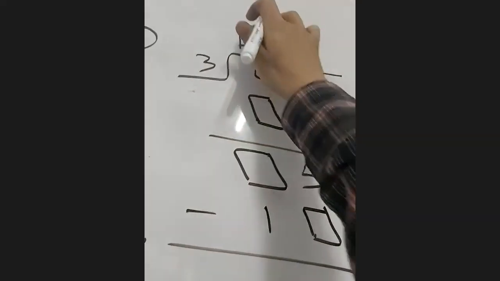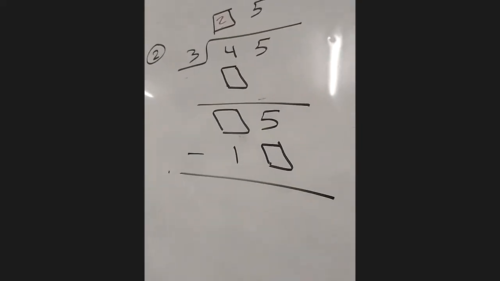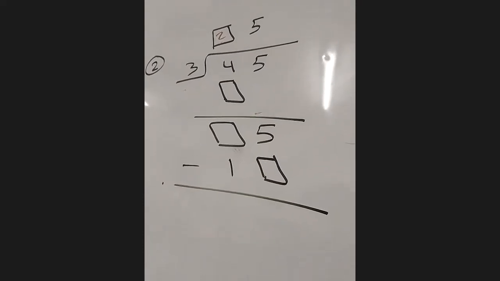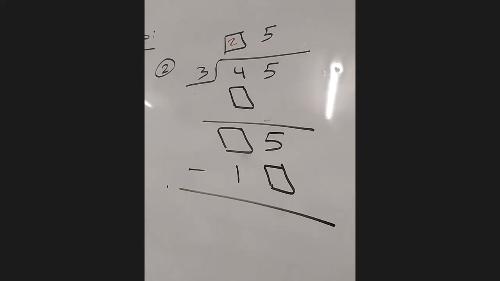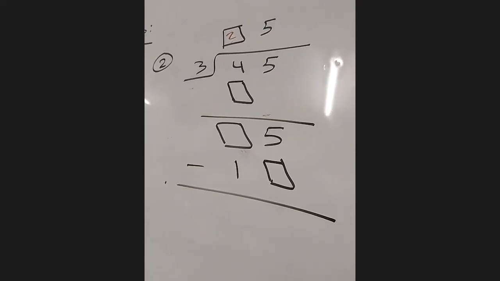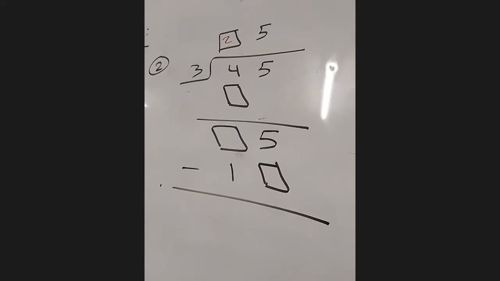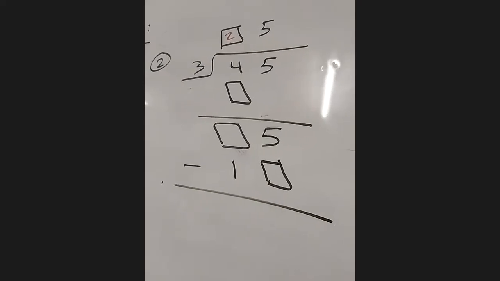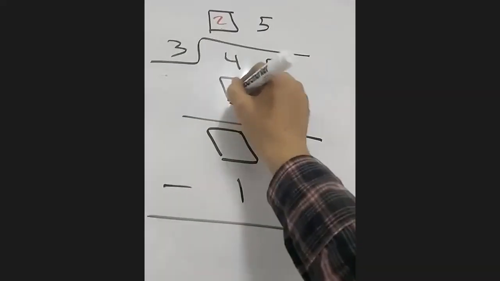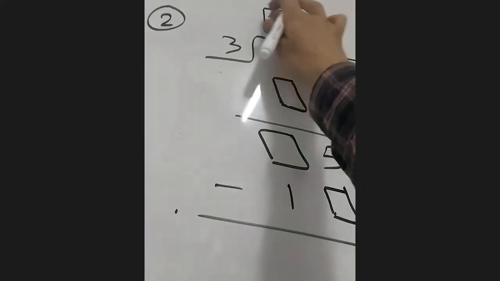But can I put 2 here? No. Why? Because 2 multiplied by 3 equals 6, and the 6 is bigger than 4, which is incorrect, right?